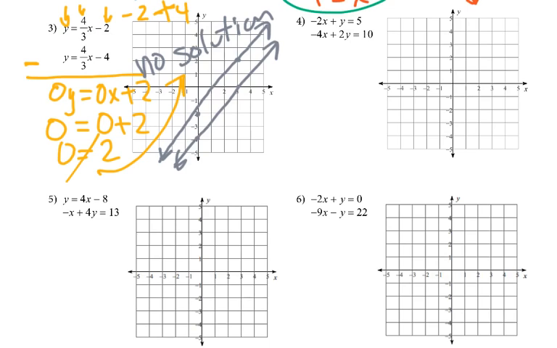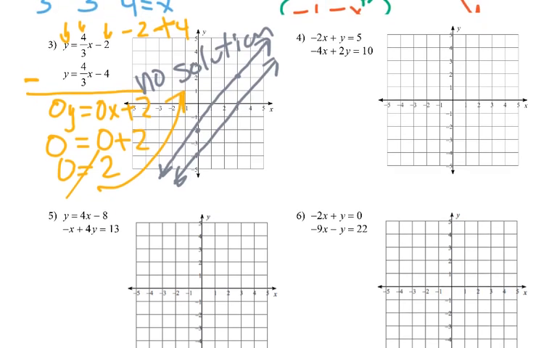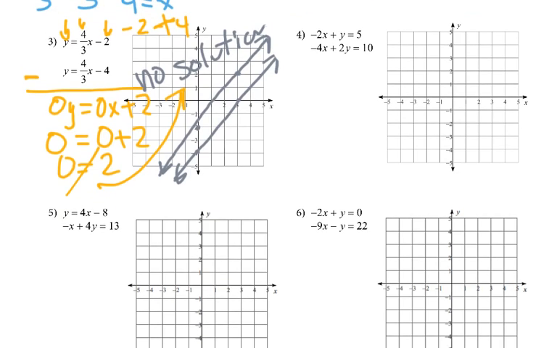If we graph this one, okay, now it's not in that easy to graph format, is it? But I could still graph it. And the way I would graph it in that situation is I would think about their x and y intercepts. So negative 2, if I got rid of the y, we'd have negative 2x equals 5, divided by negative 2.